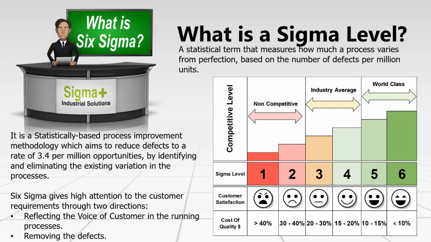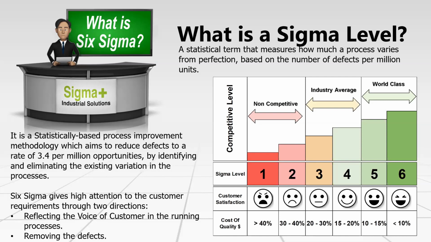So we've been speaking about the Six Sigma. So what is the Sigma level? The Sigma level is a statistical measurement. It measures statistically the quality efficiency. So it's scaled from 1 up to 6 or from 0 to 6.